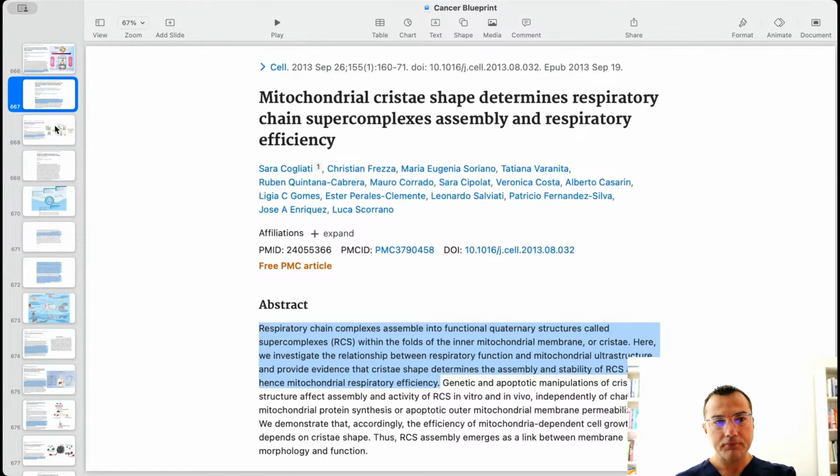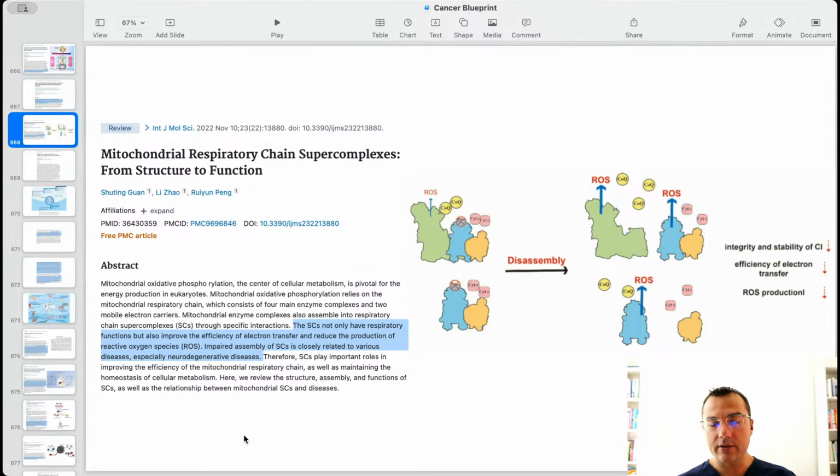I pulled this next graphic because I wanted to show that when these mitochondrial proteins, the electron transport chain proteins, are in the proper configuration and assembled into supercomplexes, or the respirosome as they're also known, then they are much more efficient at producing ATP.